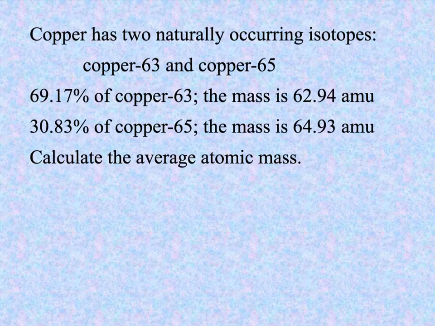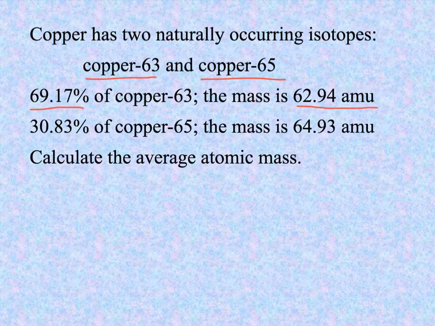This is an example, so go ahead and make sure you read it to yourself first. So we're talking about copper. It has 2 naturally occurring isotopes, copper 63 and copper 65. Okay, then take a look at the information that's provided for each isotope. 69.17% of copper 63, and that is the mass for that isotope.